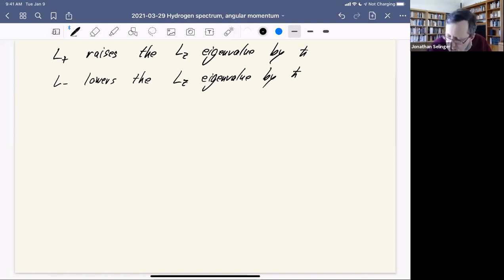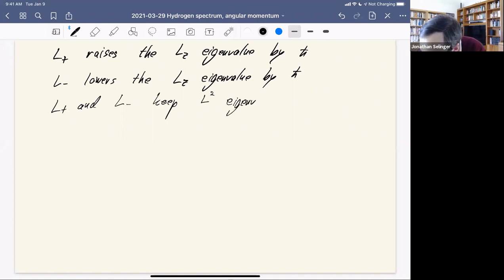And then L plus and L minus keep the L squared eigenvalue the same.